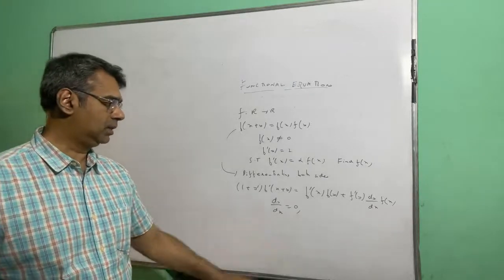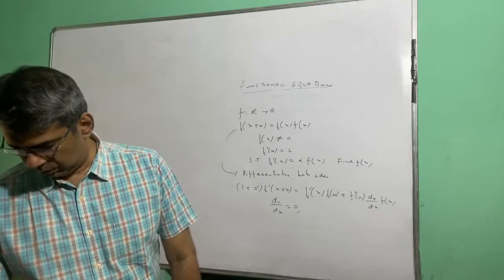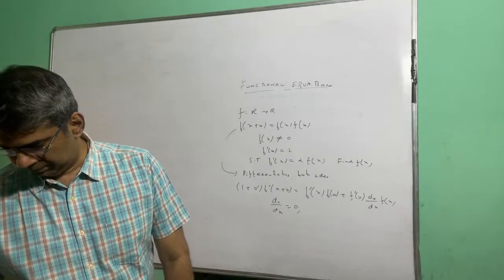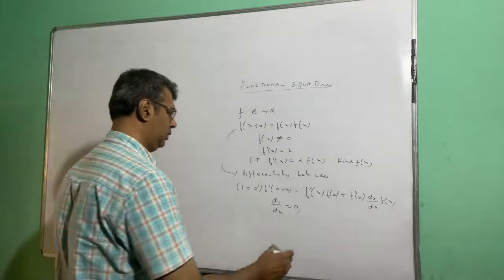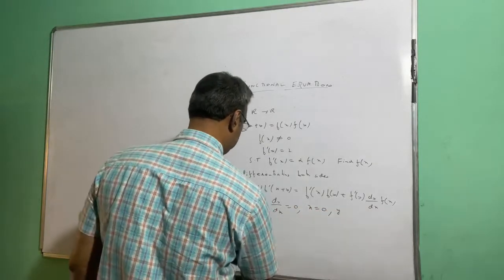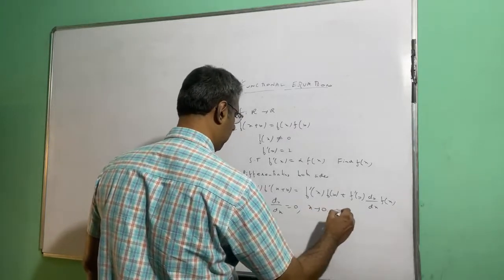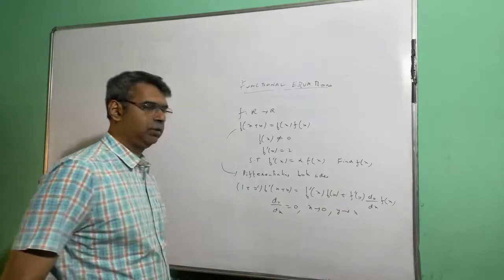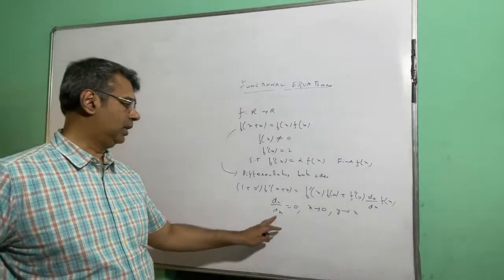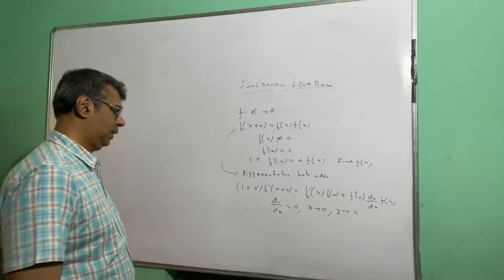Secondly, you will have to make some more changes. You put x equal to 0, you replace x with 0, and you replace y with x. So you put dy by dx 0, put x tends to 0, and put y tends to x.